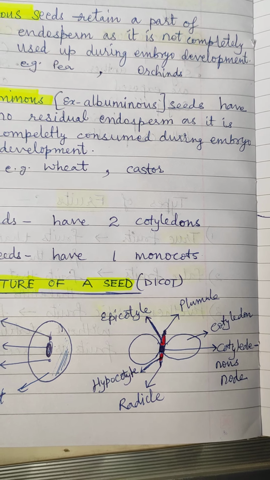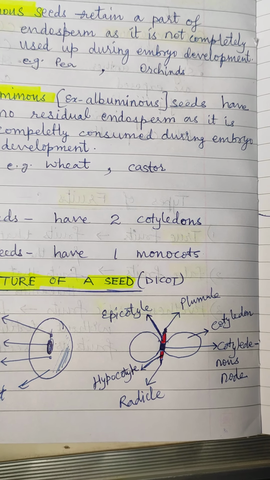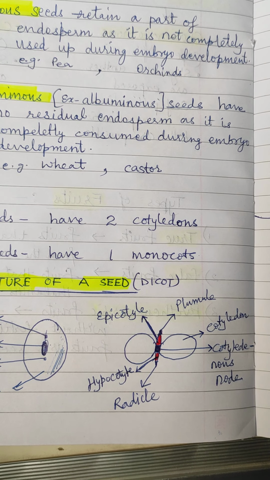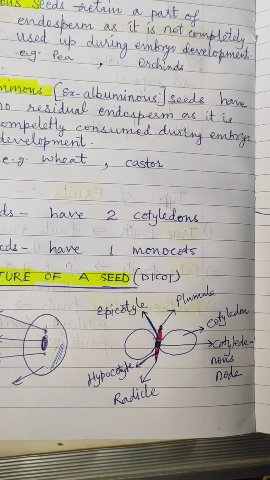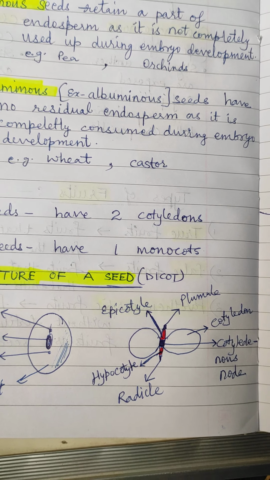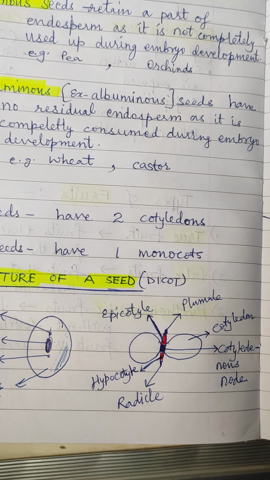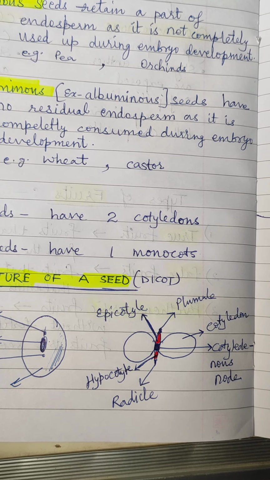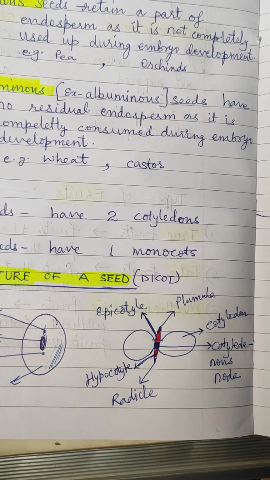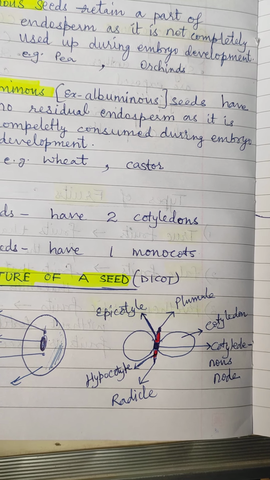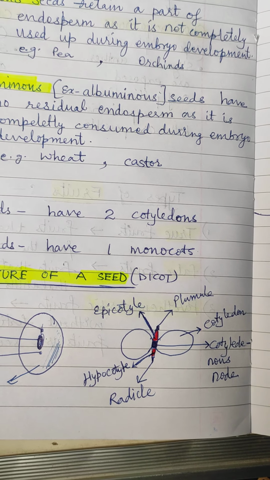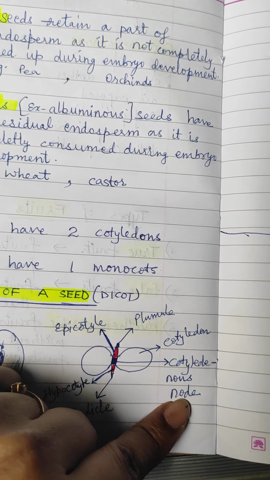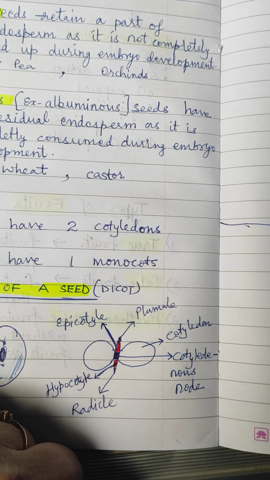Now structure of embryo. Parts of the embryo are important. Embryo has two main parts, radicle and plumule. Radicle is the embryonic root which will grow into the root of the plant, and plumule will give rise to the shoot. The joining point of the embryo and the cotyledon is called cotyledonary node.